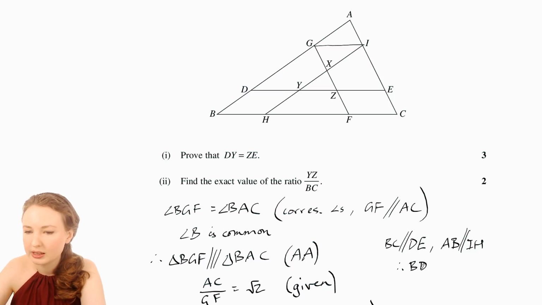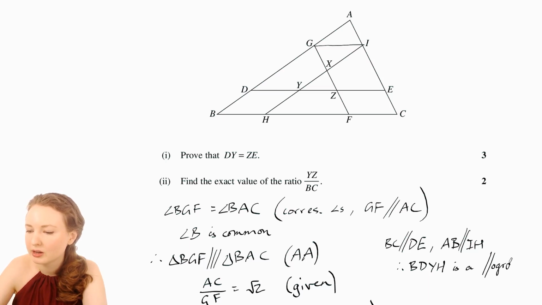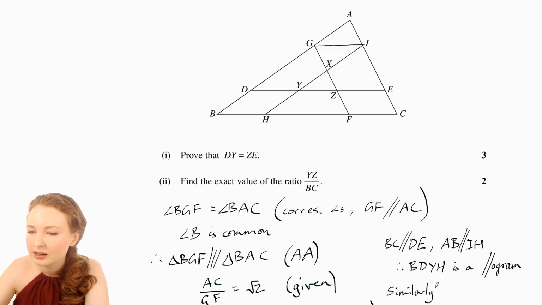So BDYH is a parallelogram. It's a nice little shorthand. And then you can, yeah, same thing there. So again, you can just say similarly, ZFCE is a parallelogram.